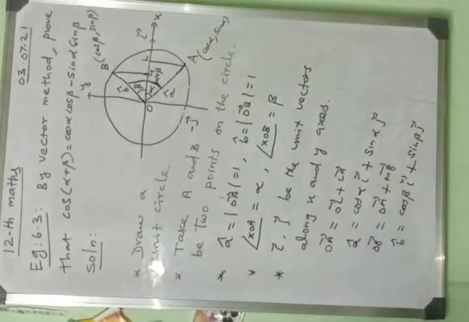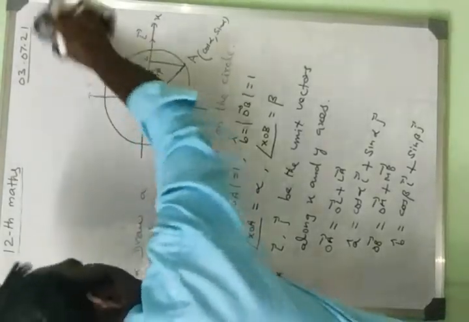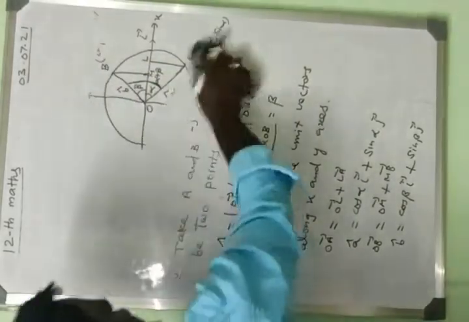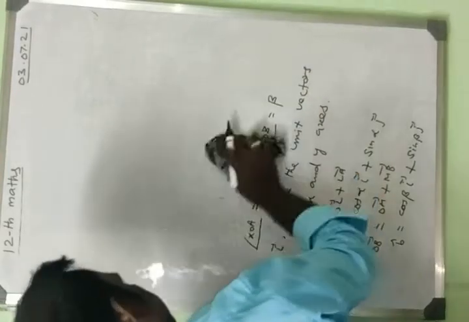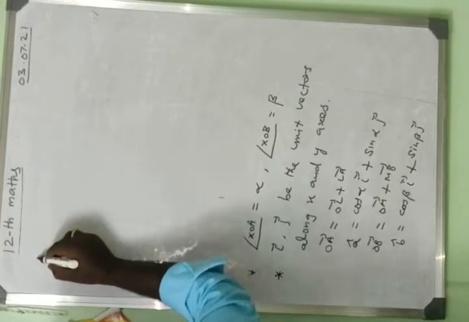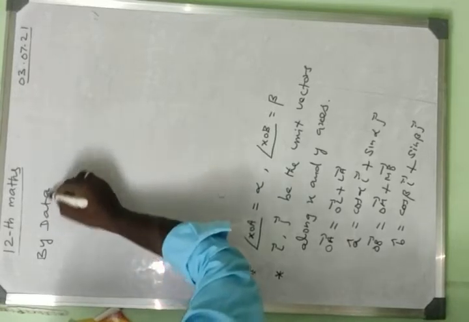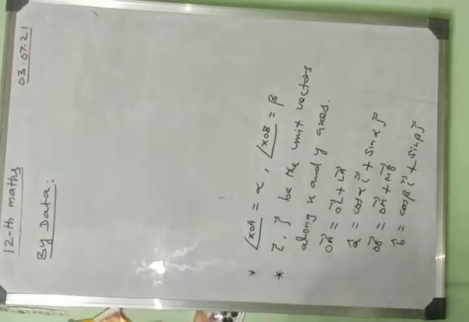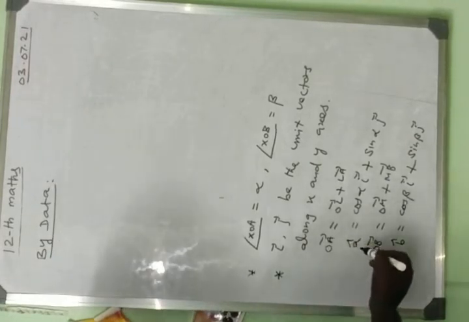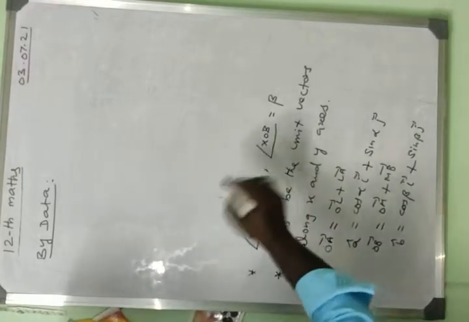Next we take theta. What is theta here? Cap A, cap B, this only is theta. Next, cos means we put dot product.